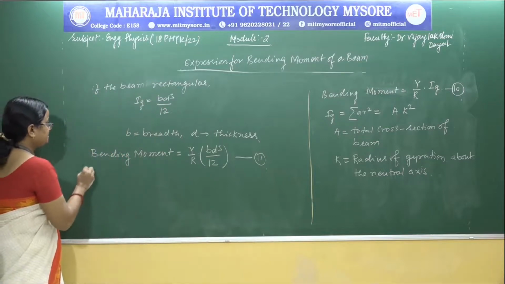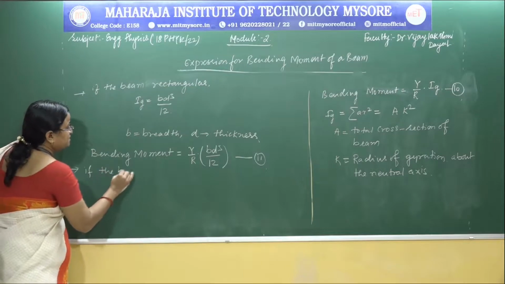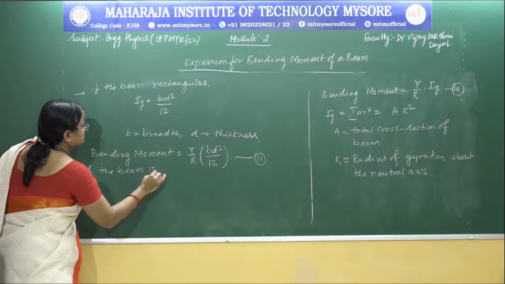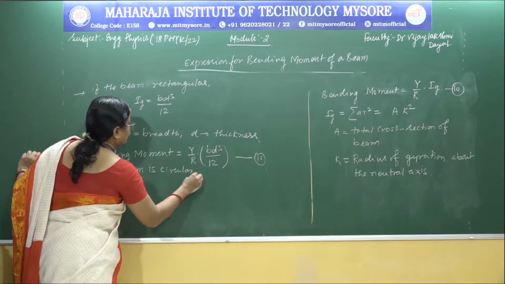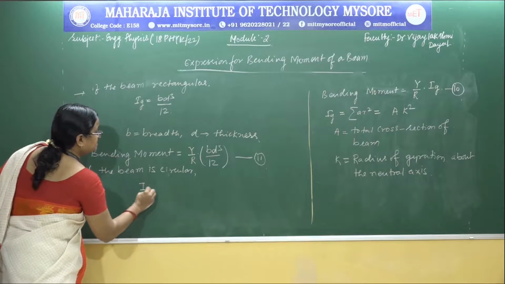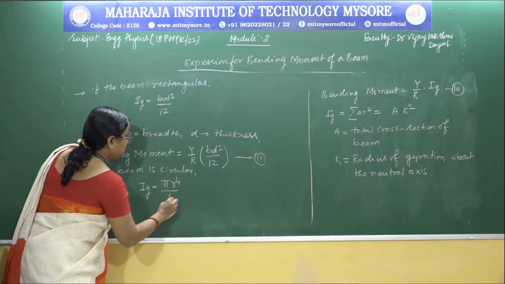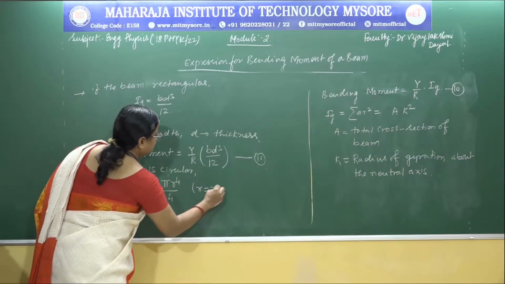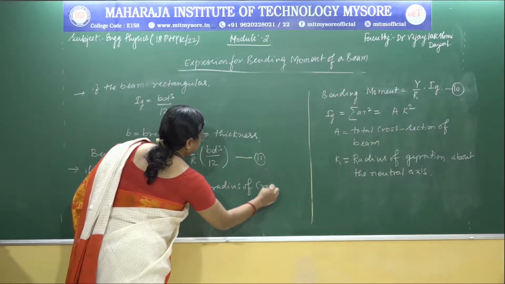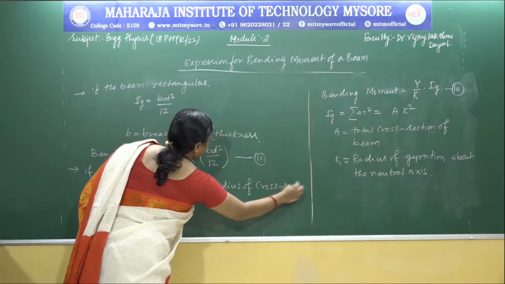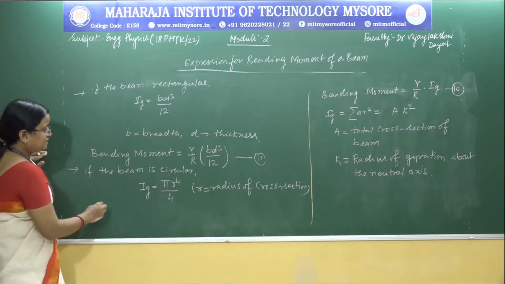And if the beam is circular, then what we get?